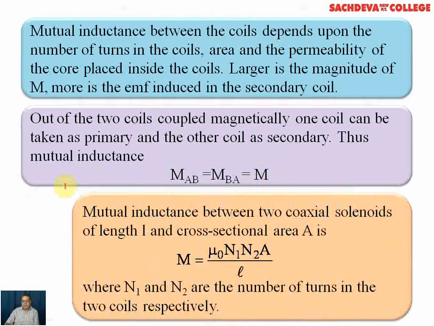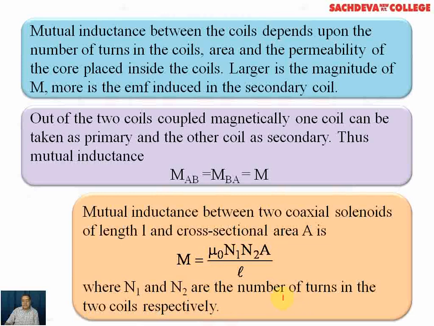Mutual inductance between two coaxial solenoids. When we speak of coaxial solenoids, their axes are the same, the length is taken as L, and the cross-sectional area is A. In that case, the coefficient of mutual induction M can be calculated by the formula M = μ0 N1 N2 A / L. N1 and N2 are the number of turns in the primary and secondary coils.